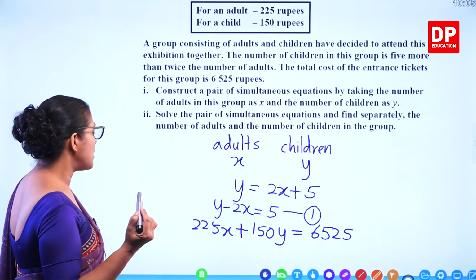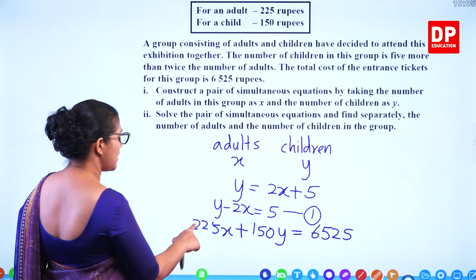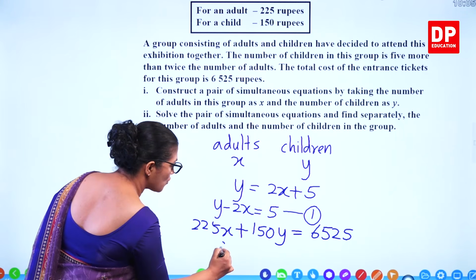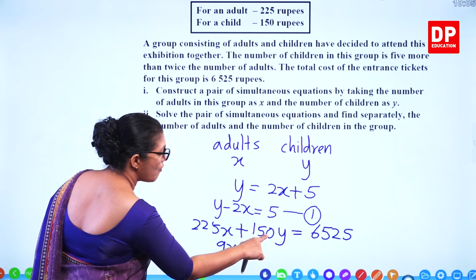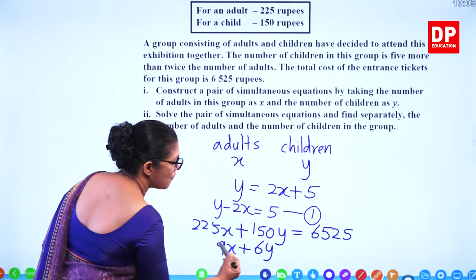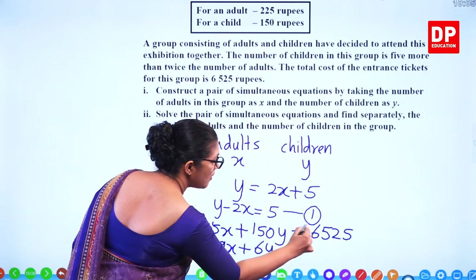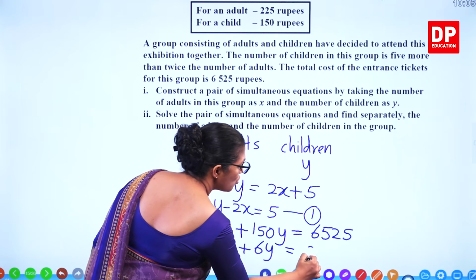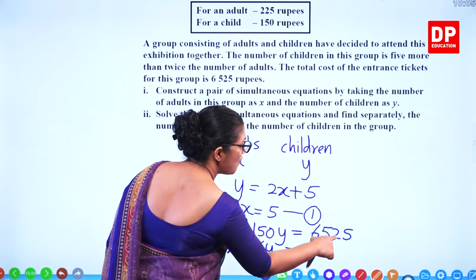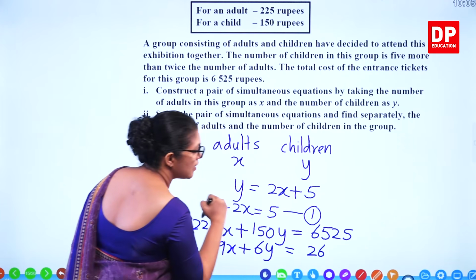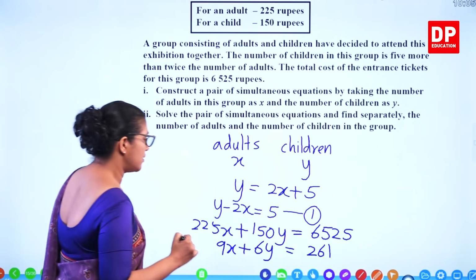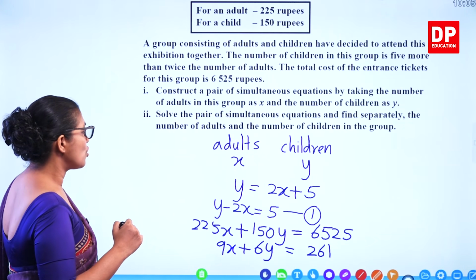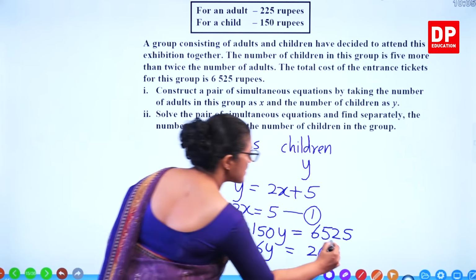Try to divide by 25. So this is 9 25s, so 9x. 6 25s are there here, so 6y. And 6,525 divided by 25 gives 261. So that's your second equation.